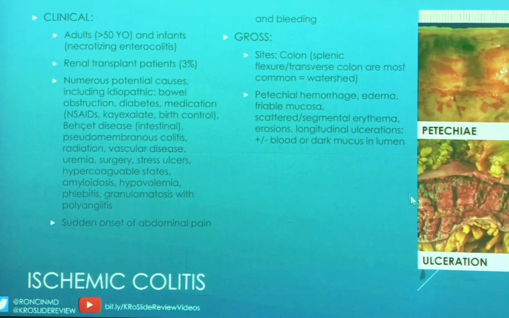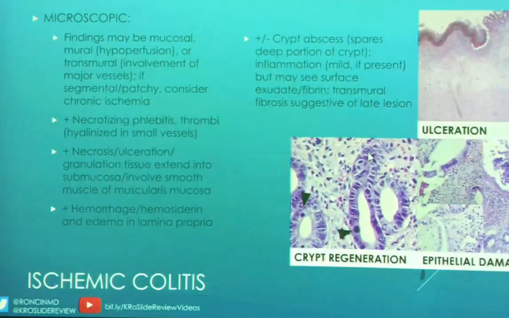Here we have these longitudinal ulcerations, and you may or may not even see blood or dark mucus within the lumen of the GI tract. Microscopically, the findings will either be on the surface, within the wall of the GI tract, which is related to hypoperfusion, or transmural, which means all the way through the wall. And when that happens, you know that there's a major vessel involved with the pathology.